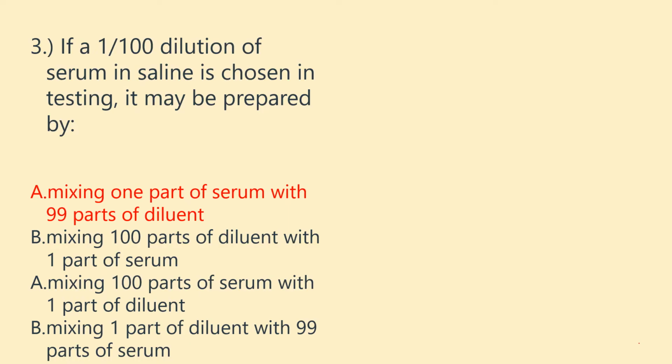This question is asking us how are we going to prepare a solution with a 1 over 100 dilution of serum with saline. So remember, if the dilution is 1 over 100, then in a 100 part solution, one part is composed of the solute. So 100 minus 1 is equal to 99.